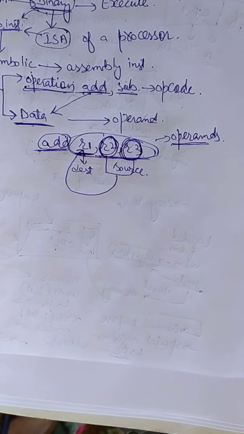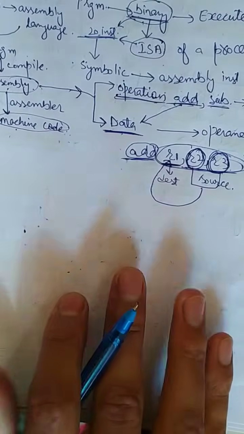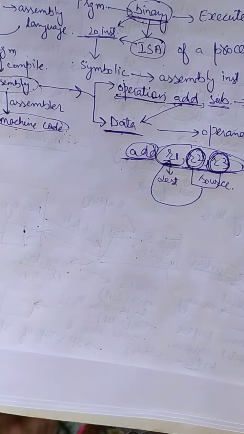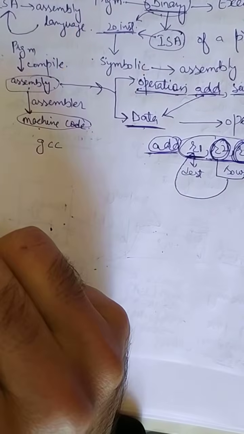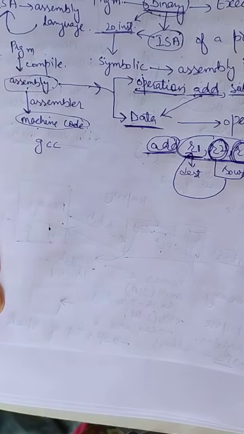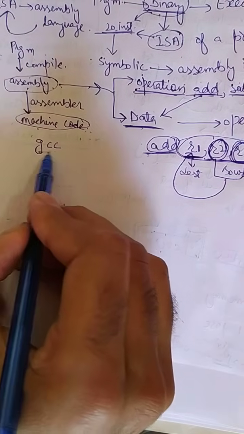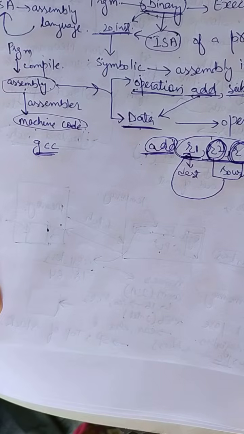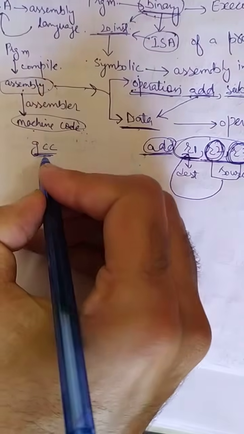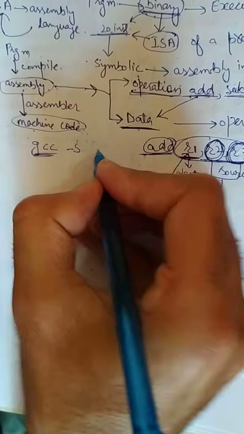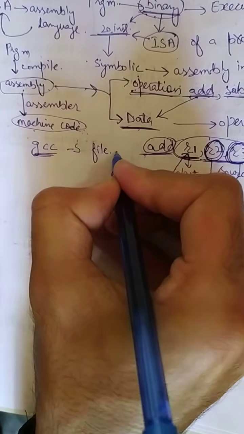And I also said an assembler is a program that converts an assembly program into machine code. And you can also use, for example, you may have compiled a C program using GCC. So for every C program, you can use GCC to generate an assembly file instead of generating directly an executable. So use gcc -S filename.c.